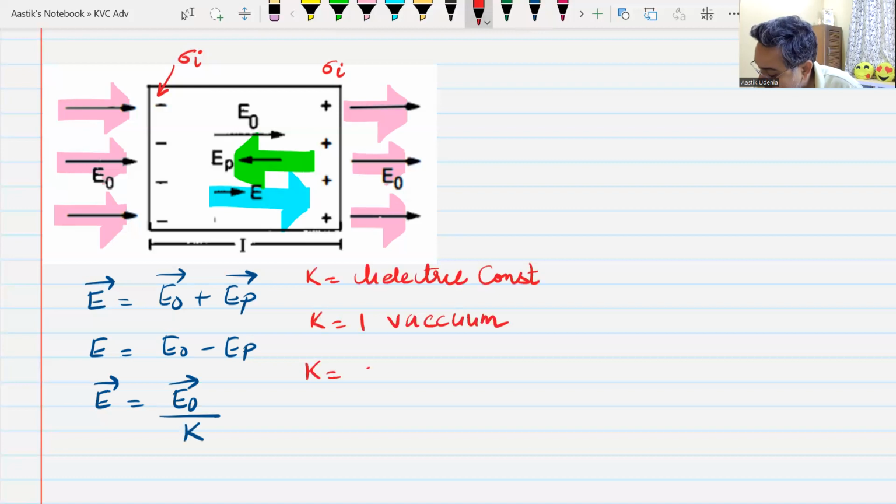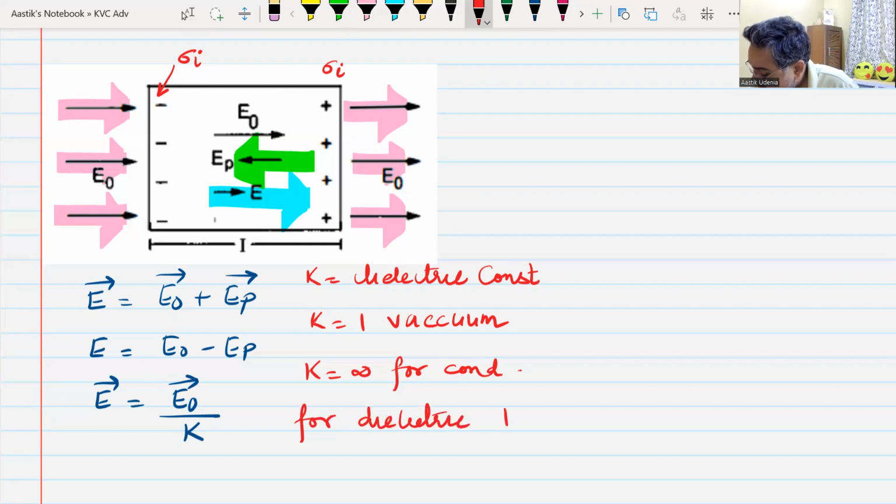K will be infinity for conductors. For insulators or dielectrics, the value of K lies between 1 and infinity. Do we understand this? Yes, sir.